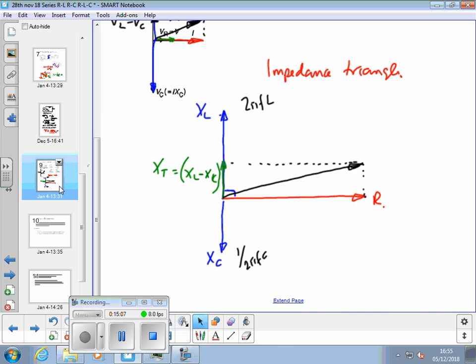And that's going to drag the black one further and steepen the angle. If you go the other way, you'll get to a point where XL is smaller than XC, and that'll drag that red line underneath. So it's all dependent upon frequency.